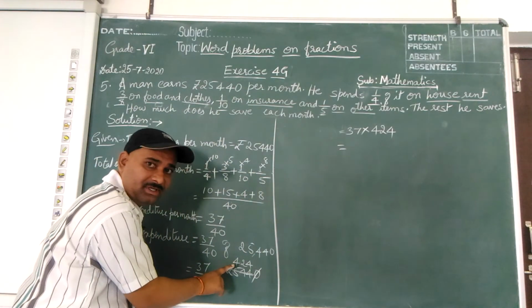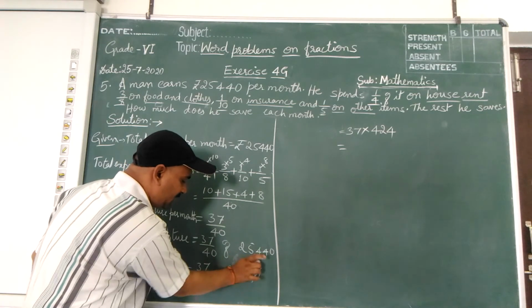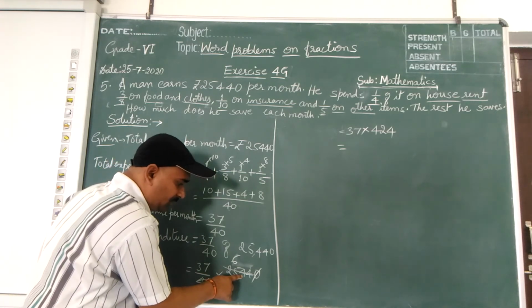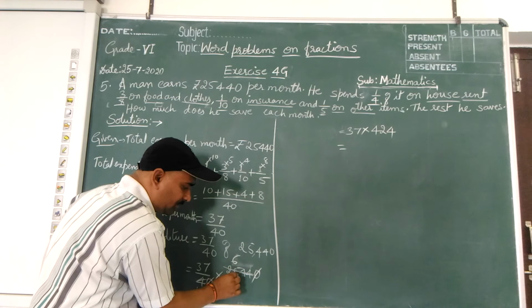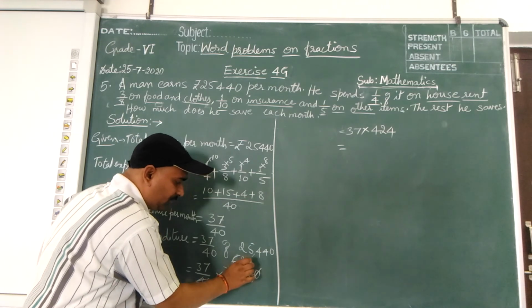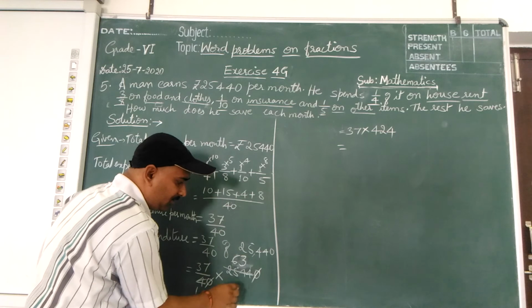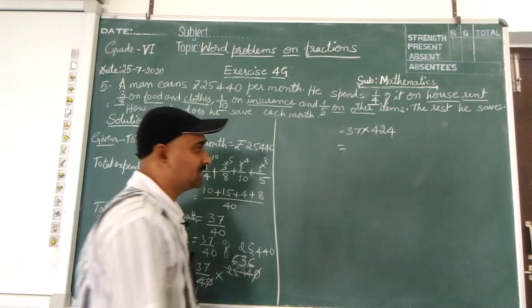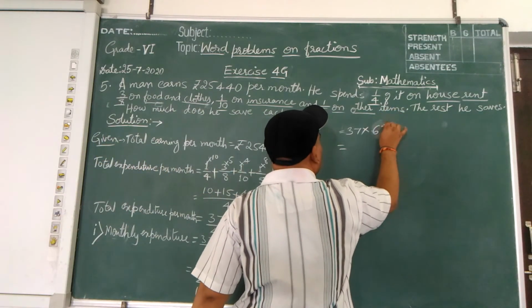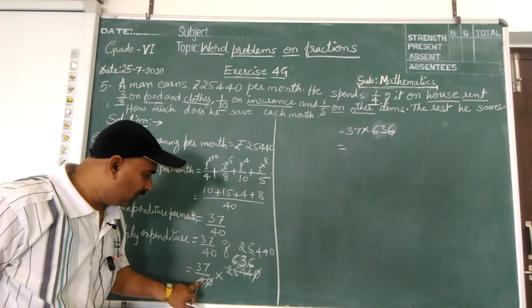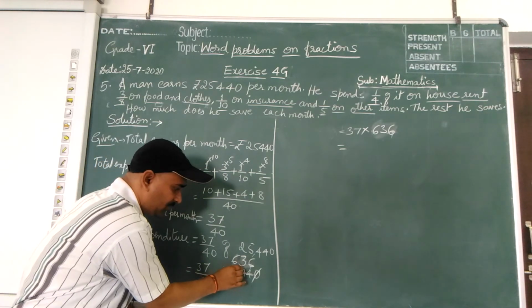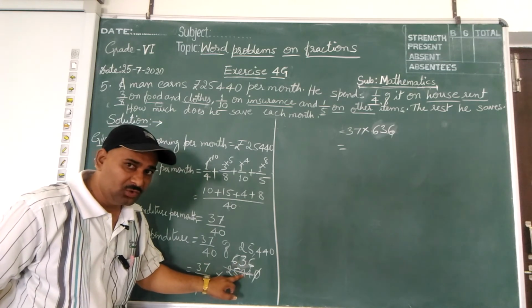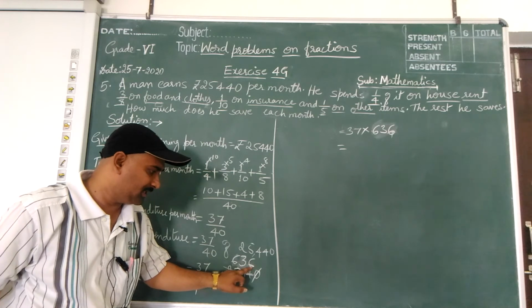One minute, children, I have made a mistake here. 4 sixes are 24, 2 remains, 4 threes are 12, plus 2 is 14, 1 remains, 4 sixes are 24.